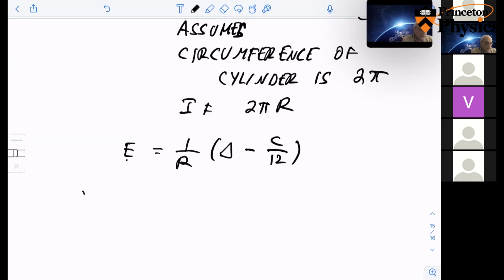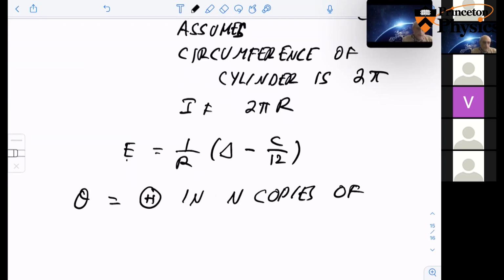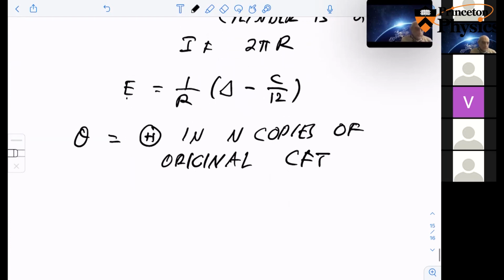Now let's look at the case where O is the twist field theta in n copies of the original CFT. We'll put the n copies on a circle of circumference 2 pi.